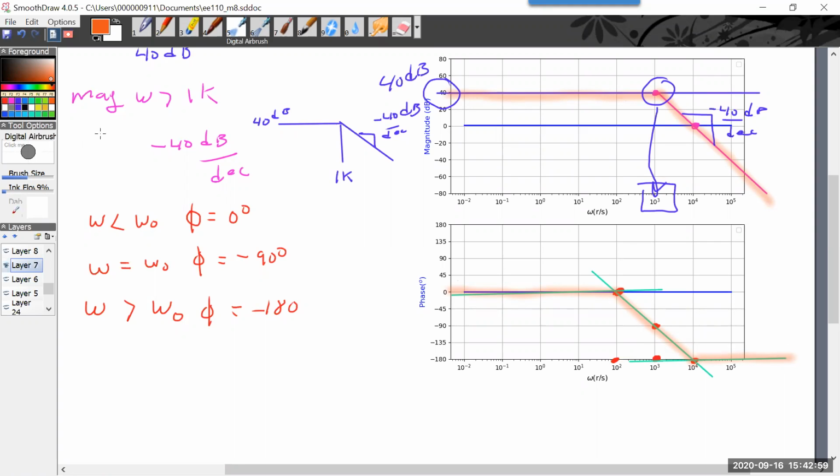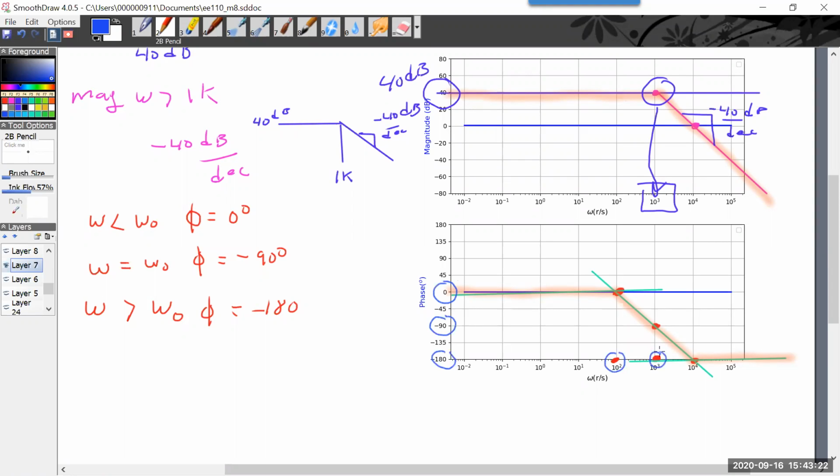Now, for the exam, I've got to have that midpoint. I need those values: 0, minus 90, minus 180. And I need it to change here.